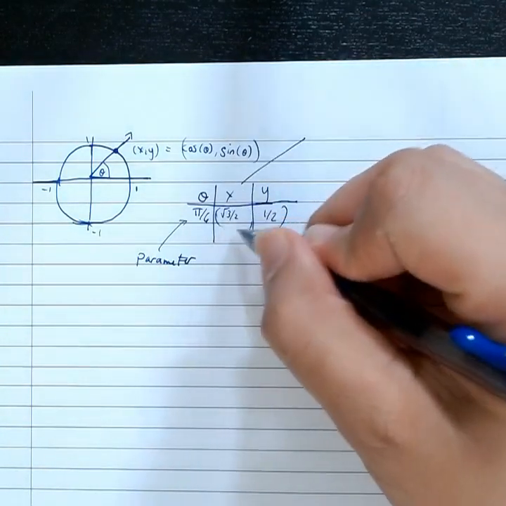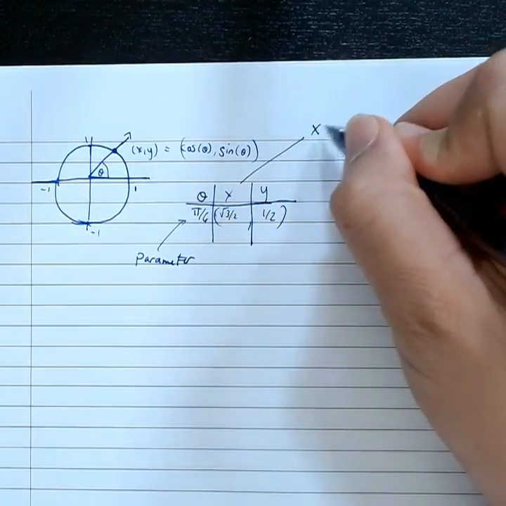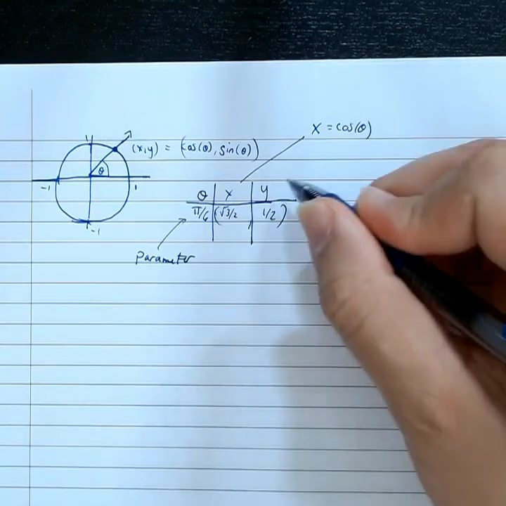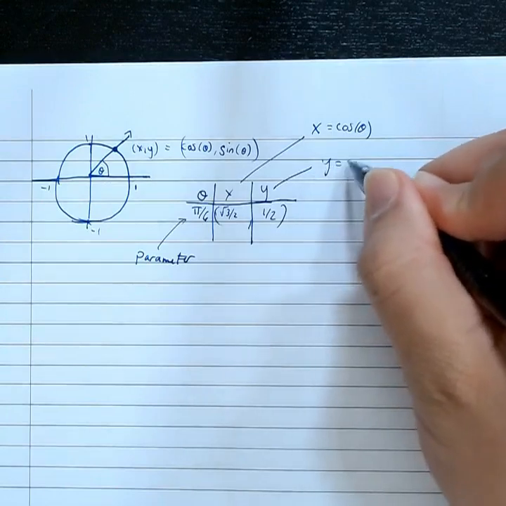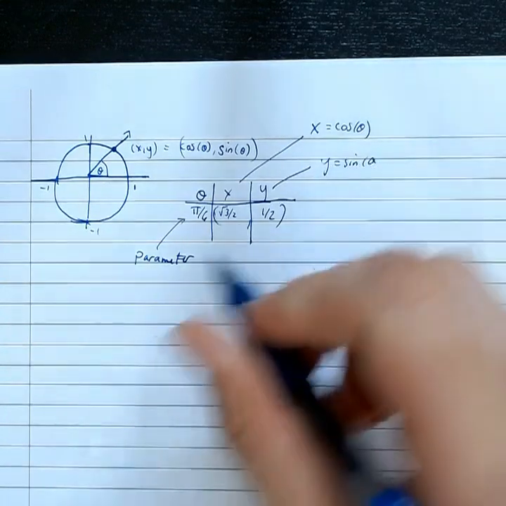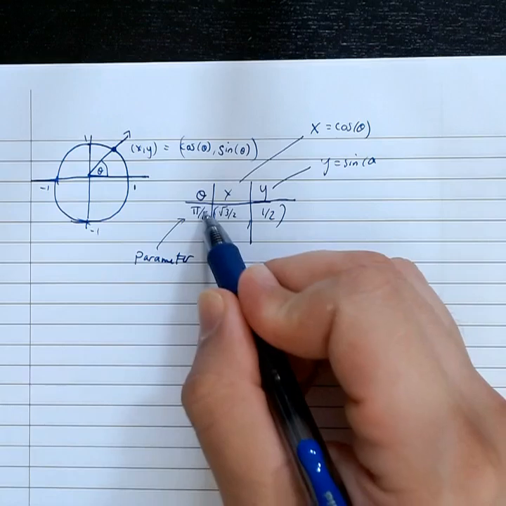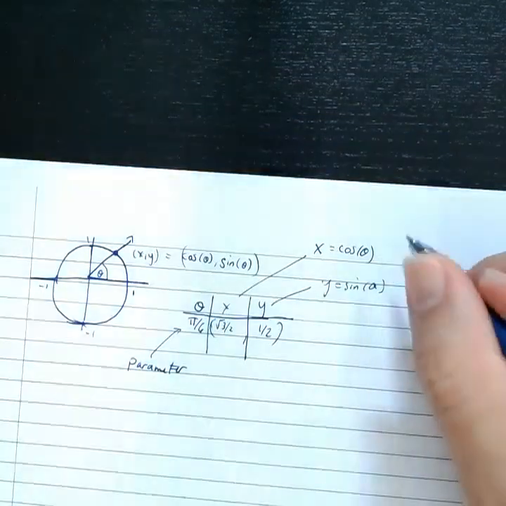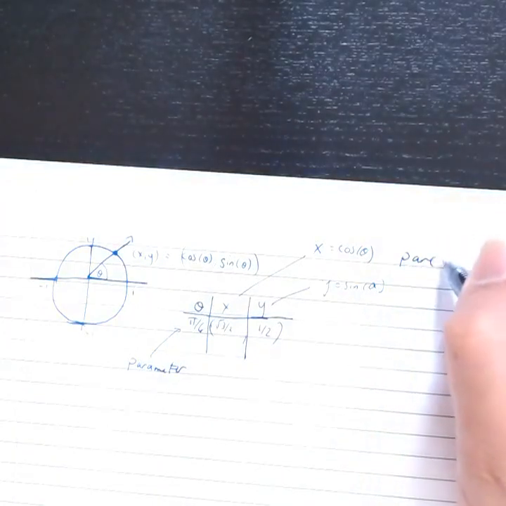Here, the reason I was able to give this number was because I know that x is equal to the cosine of the angle theta, and I know that y is equal to the sine of the angle theta. So here, this number is a parameter. These equations depend on that parameter, and so these are called parametric equations.